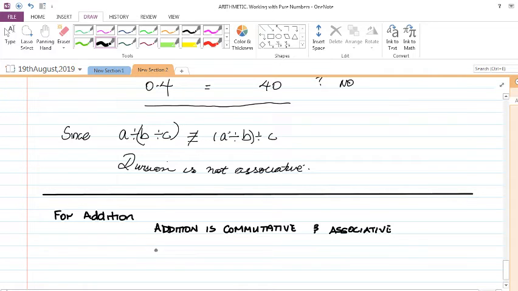Multiplication is the same. Multiplication is commutative and associative.